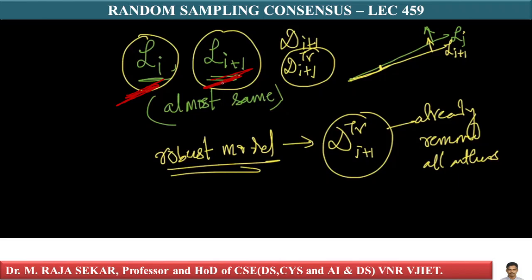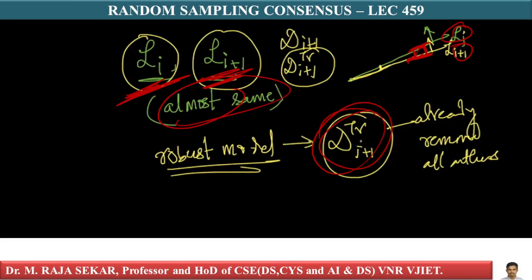If these two models, Li and Li plus 1, are almost the same, if both are almost overlapping, I can say it is perfect and I don't have any more outliers in my data. And the final robust model is built on DTR I plus 1. I have already removed all outliers.